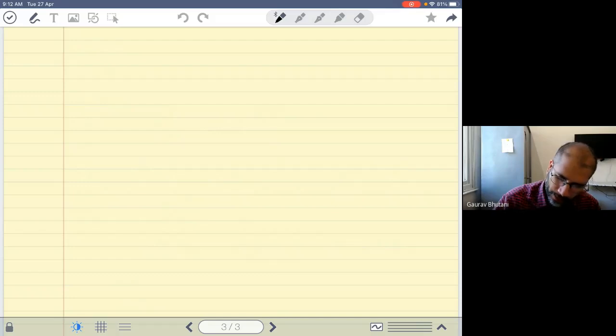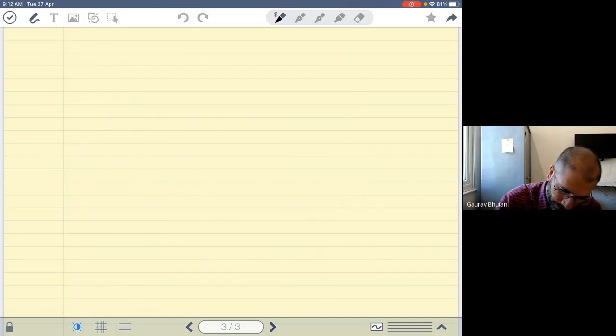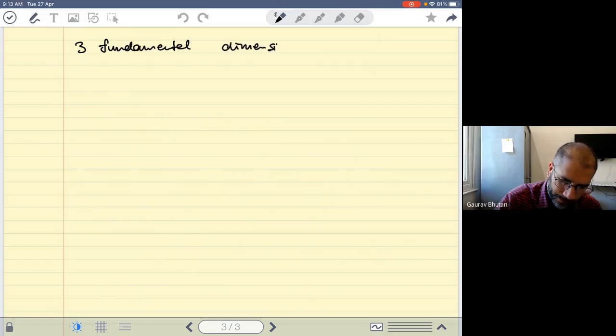In both the continuity as well as the Navier-Stokes equation, everything that we have can be described using three fundamental dimensions. In this case, they are mass, length, and time.